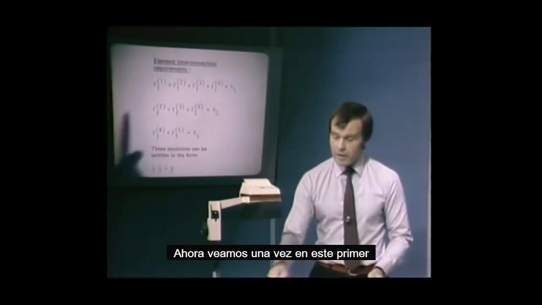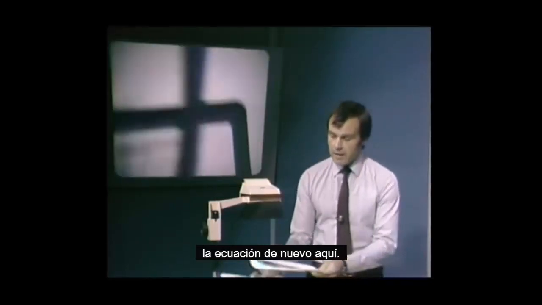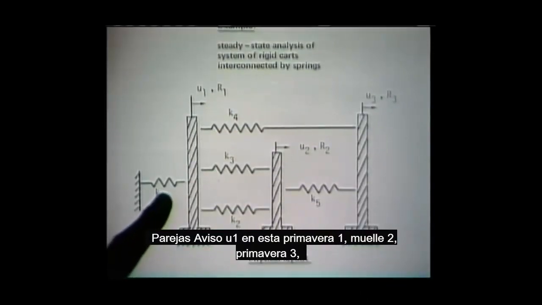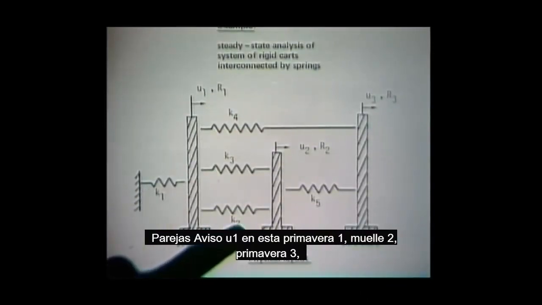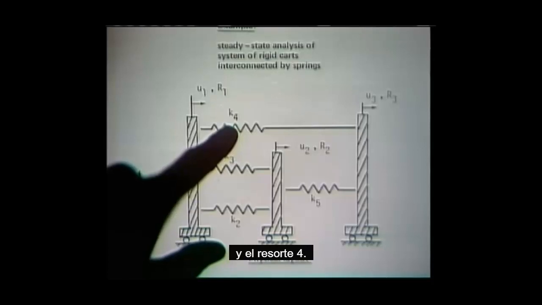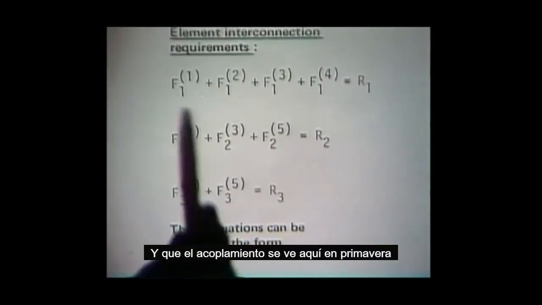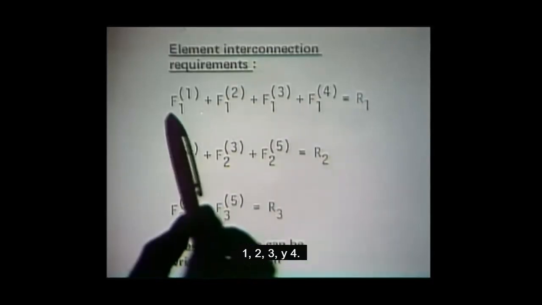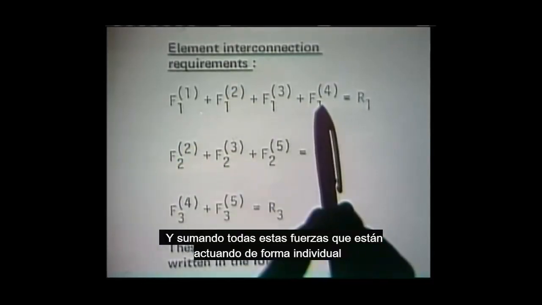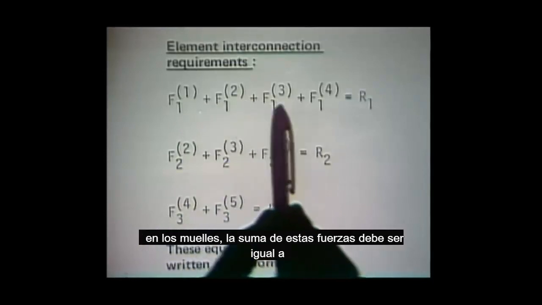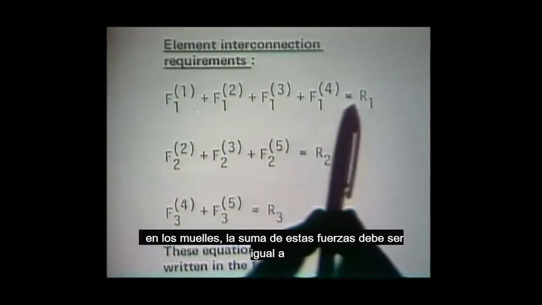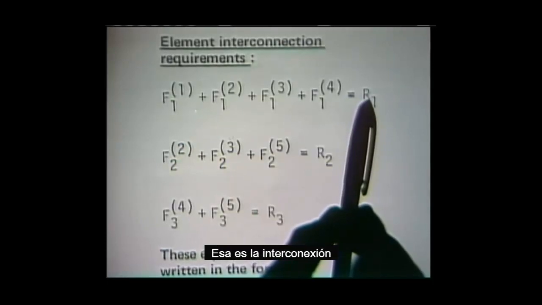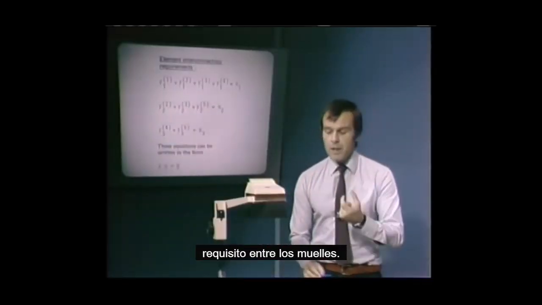Now let us look once at this first equation back here again. Notice U1 couples into this spring 1, spring 2, spring 3, and spring 4. And that coupling is seen right here in spring 1, 2, 3, and 4. And summing all these forces that are acting individually onto the springs, the sum of these forces must be equal to the external load. That is the interconnection requirement between the springs.